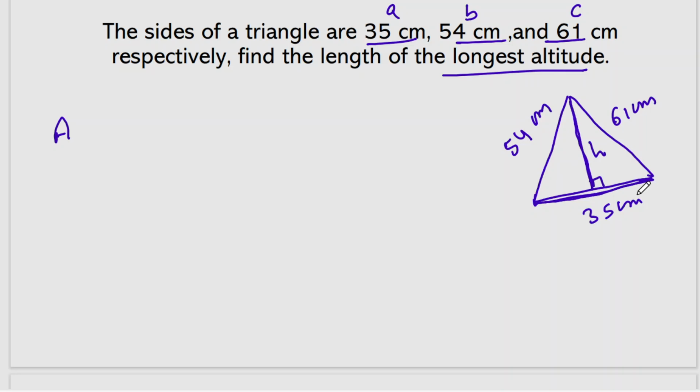The formula we use for area is half into base into height.